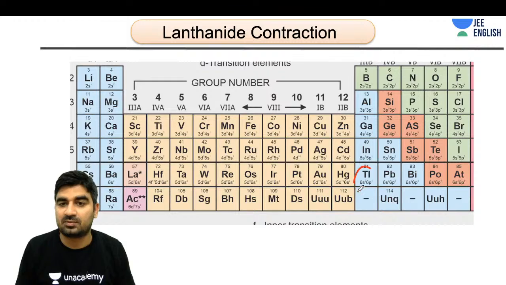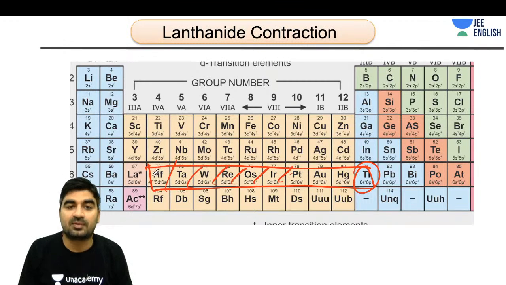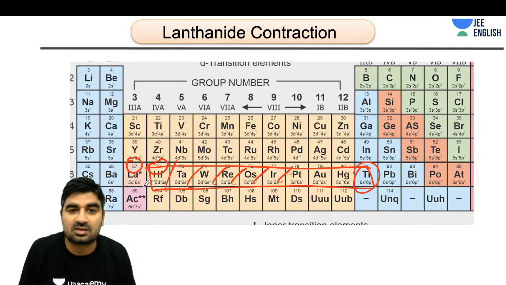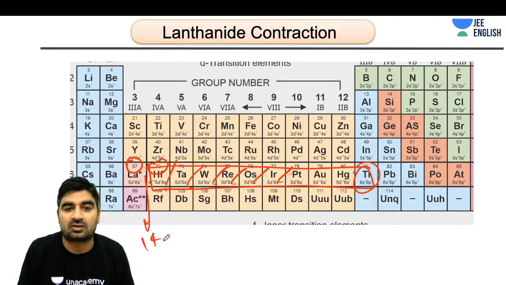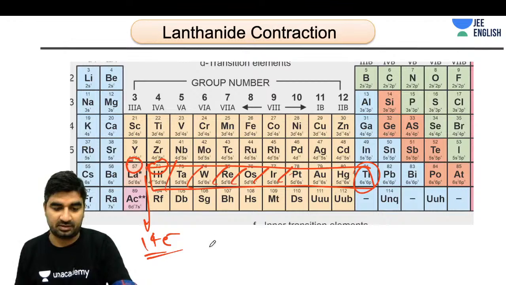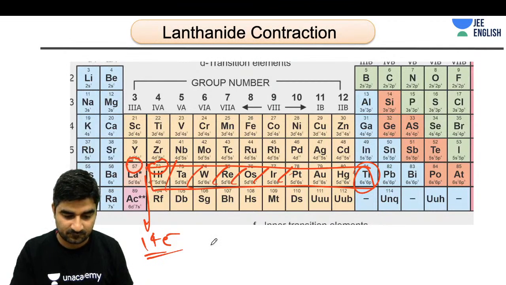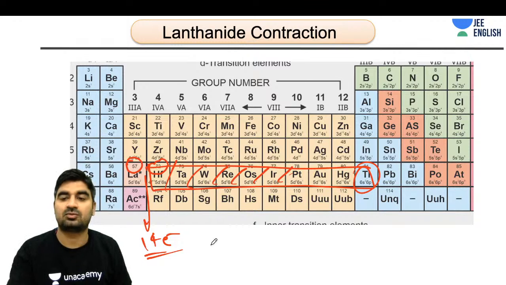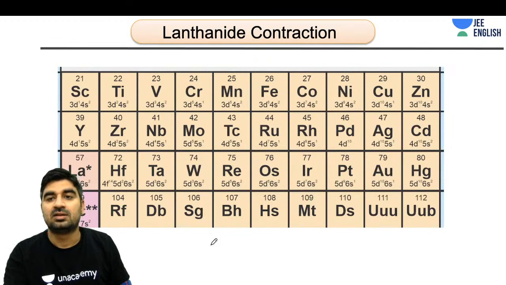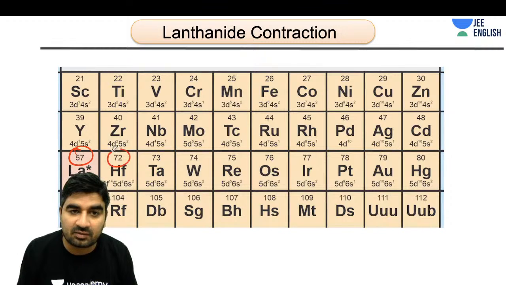So you will observe the lanthanide contraction from hafnium onward. Before this is 57, this is 72. 14 electrons are added, f-block elements are added. Here you can see the lanthanide contraction, 57 to 72.